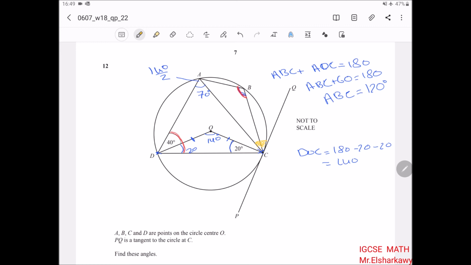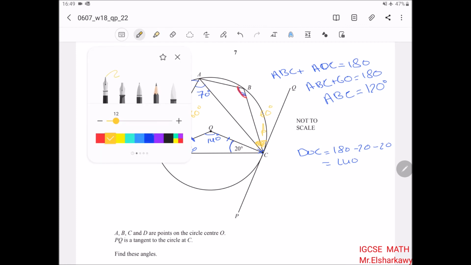So we know from the circle theorem that this angle is equal to the opposite one over here. So this angle would be equal to this angle. This angle is 40 plus 20, 60 degrees. So this angle would also be 60 degrees. So this is our answer.